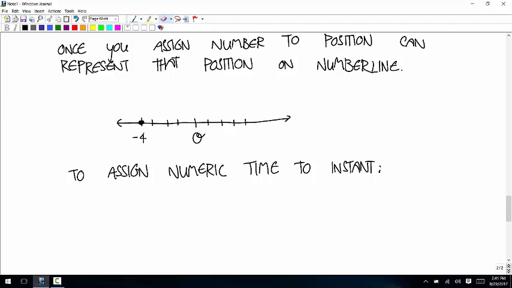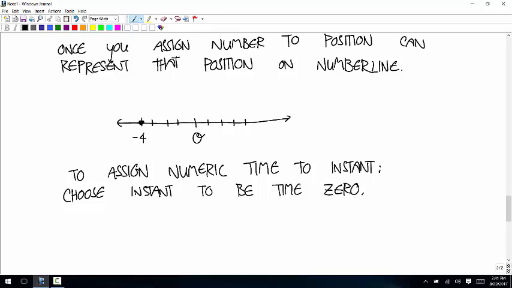In order to do that, you have to choose an instant that you're going to call your 0 time. You can think of that as like the instant you turn your stopwatch on.